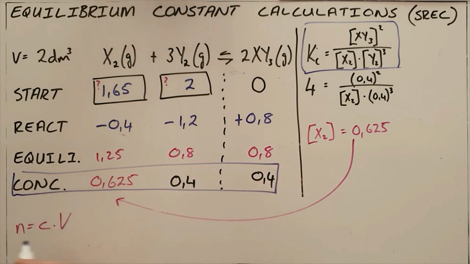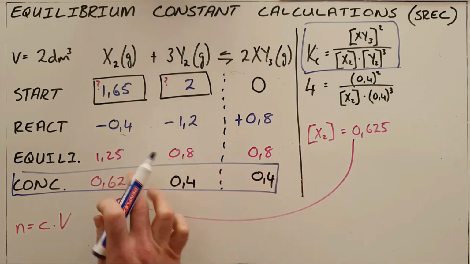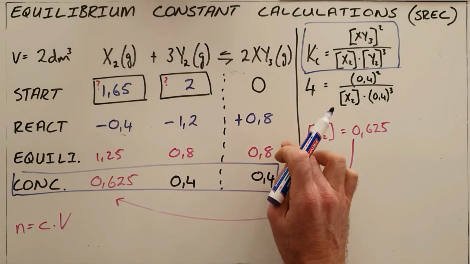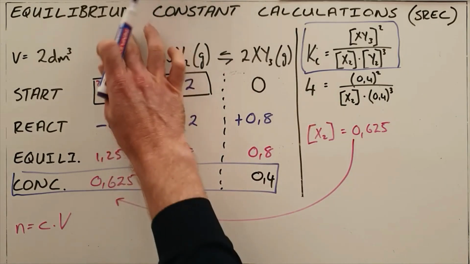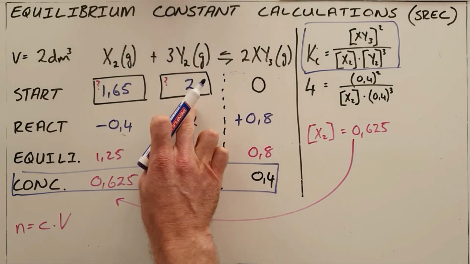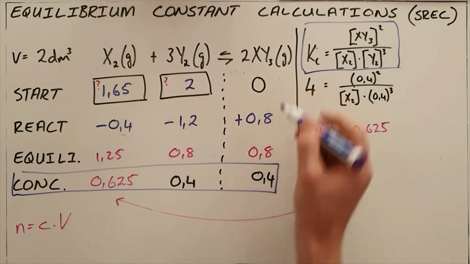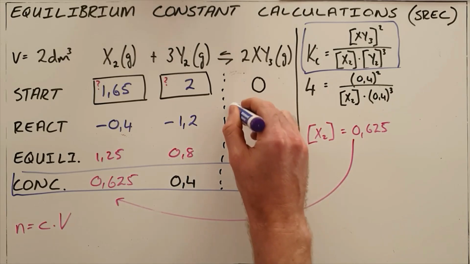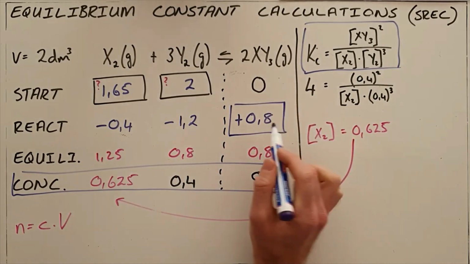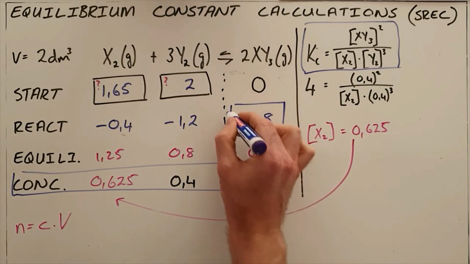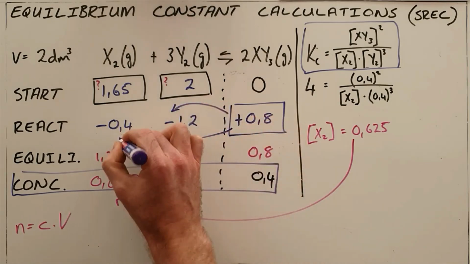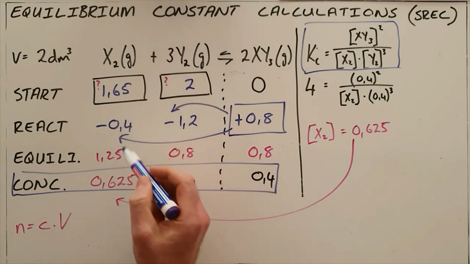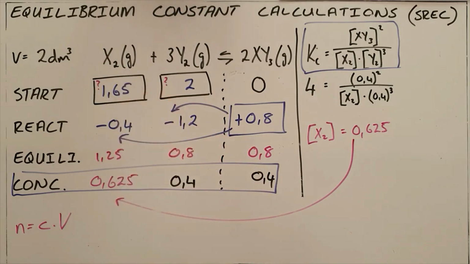We can use number of moles as concentration times volume to find our equilibrium number of moles, and then because we know that only these two reactants were added at the start of this reaction, we can determine that there was 0 XY3, which means that we are then able to determine the amount of XY3 that was formed, and we can use our ratio in which these things react to find how much of each reacted, and then just work backwards to find our starting quantities.